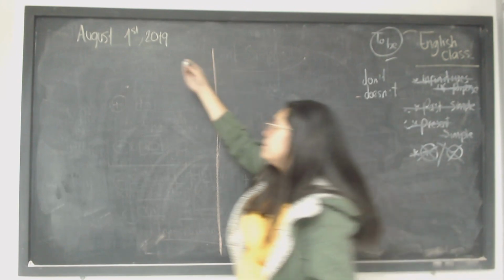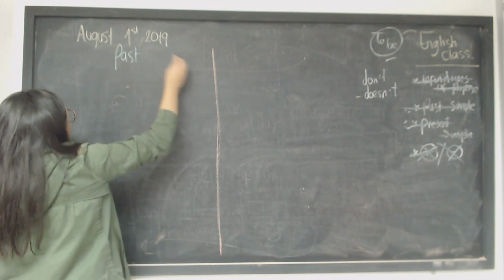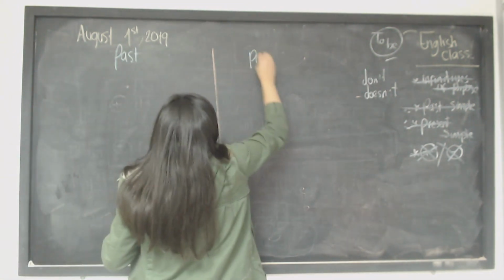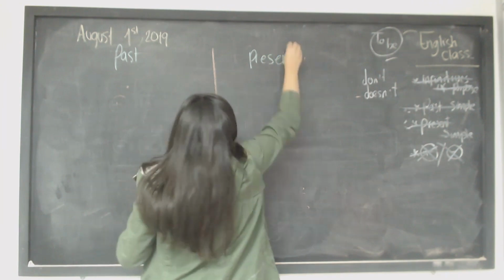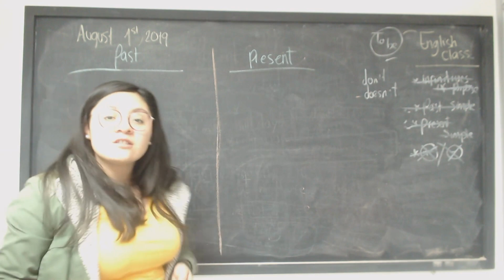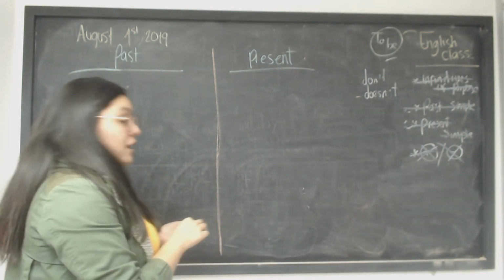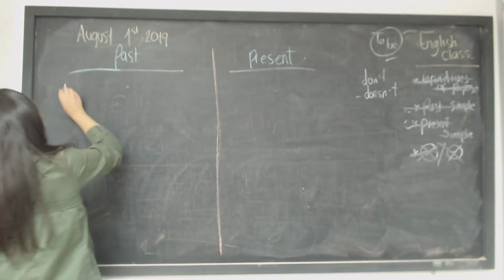So I'm going to make the past sentences here, and I'm going to make the present aquí. Entonces voy a hacer las del presente acá y las del pasado acá, y ustedes me van a decir si son infinitivos de propósito positivos or negatives, okay? So, 1 and 1.